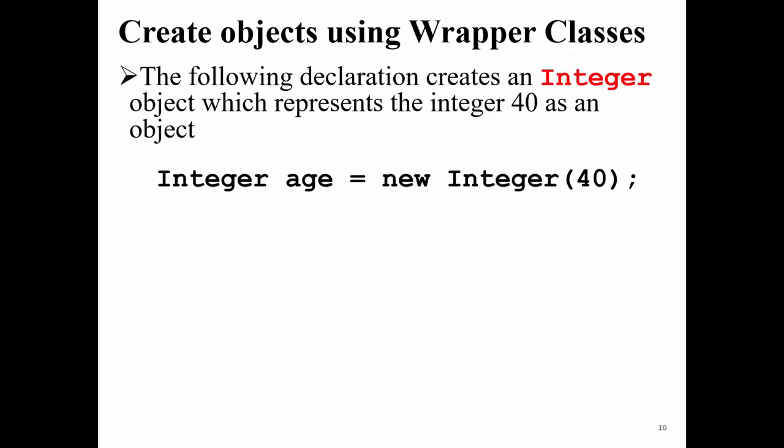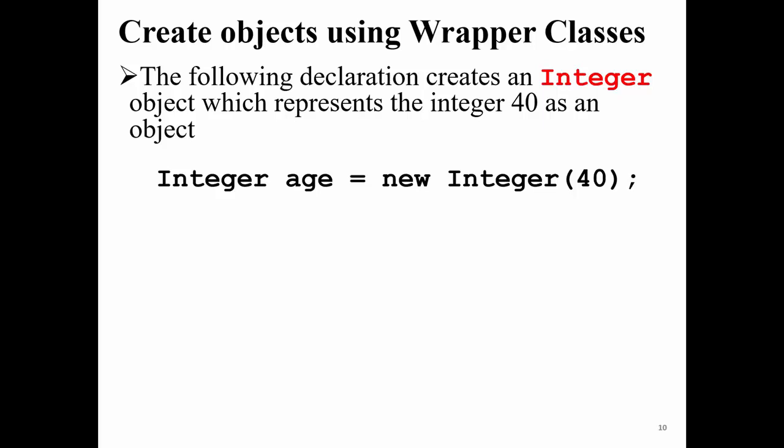Creating an object using a wrapper class. As we mentioned, Java experts provide us with a wrapper class for each primitive data type. So Integer, with a capital I, is the wrapper class for the int primitive data type. We say Integer age equals new Integer, and we give 40.